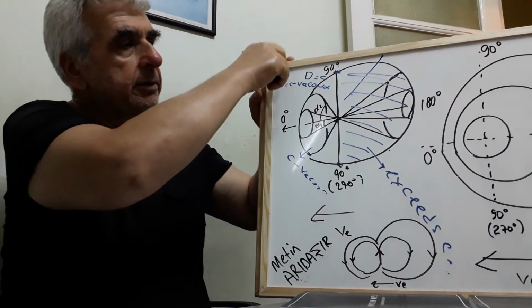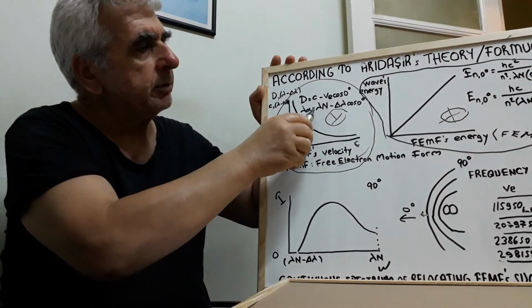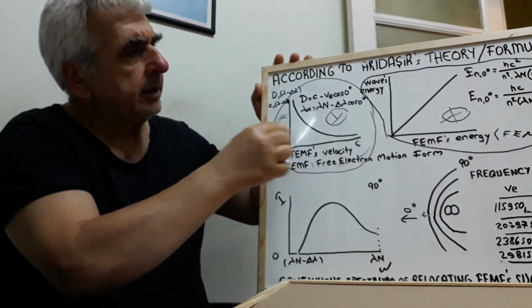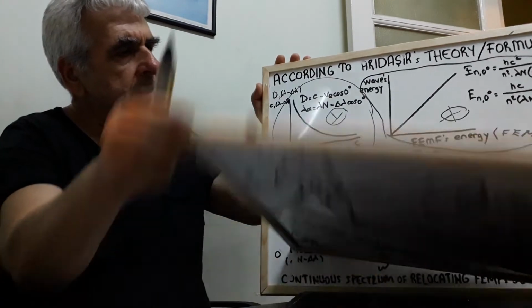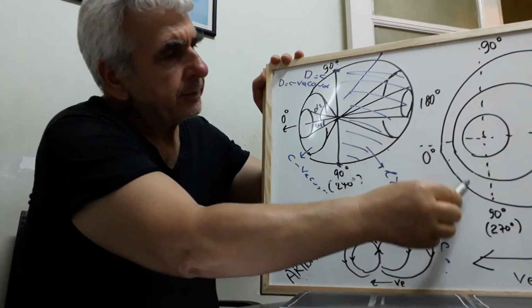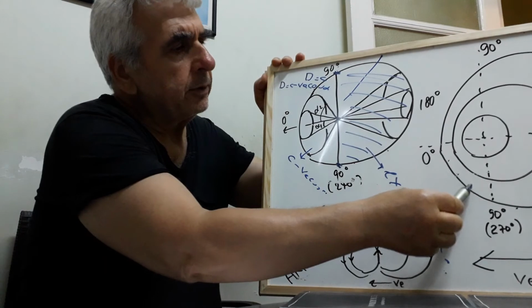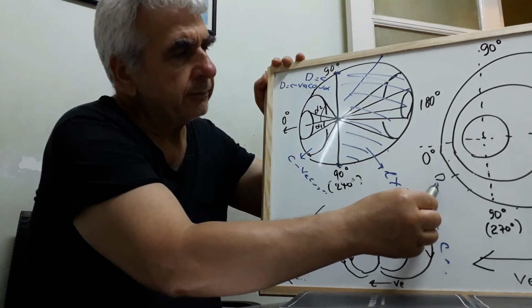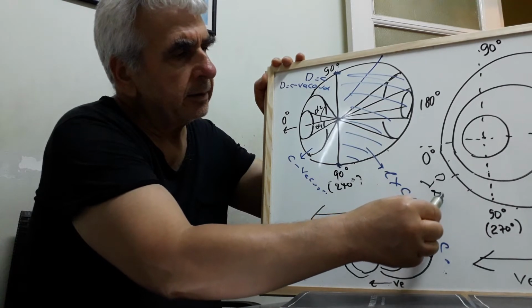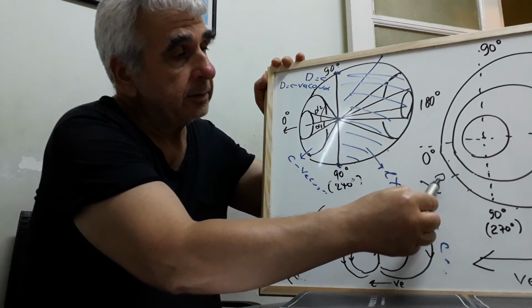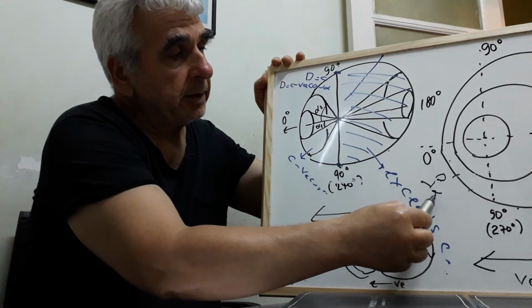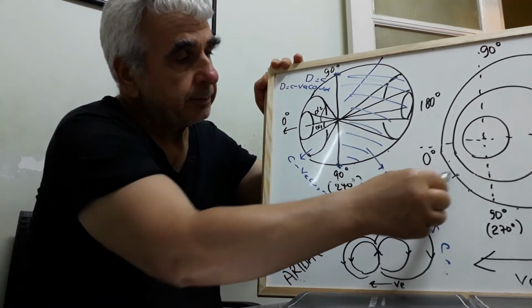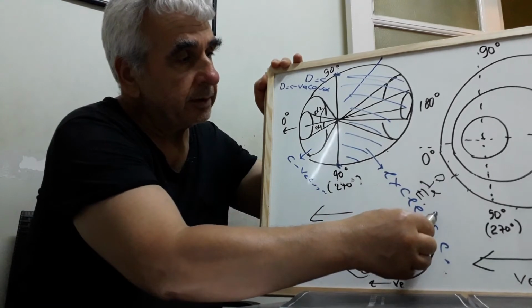Remember, this is the formula: lambda alpha equals lambda n minus delta lambda cosine alpha. At each point, wavelength is different, wave velocity d is different, and point energy at this point is different.